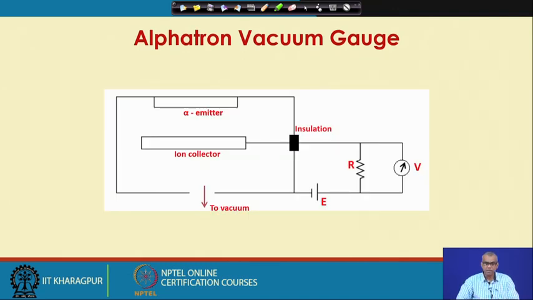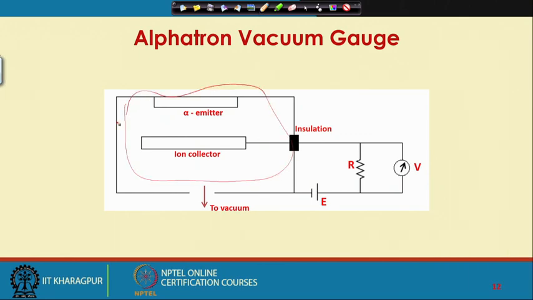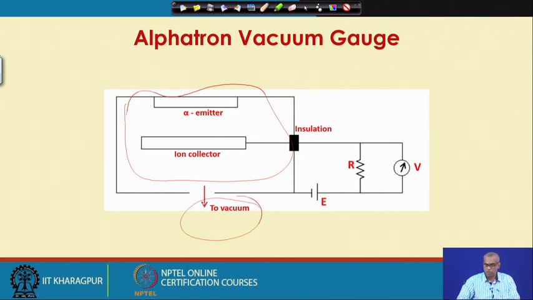This is a schematic for Alphatron vacuum gauge. This is the chamber which is connected to the vacuum source. You have the alpha emitter here.